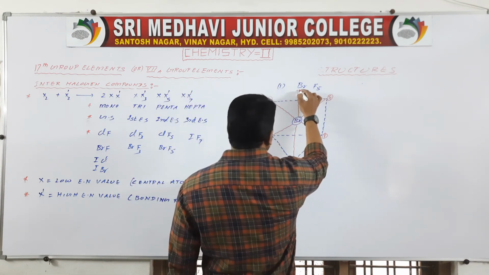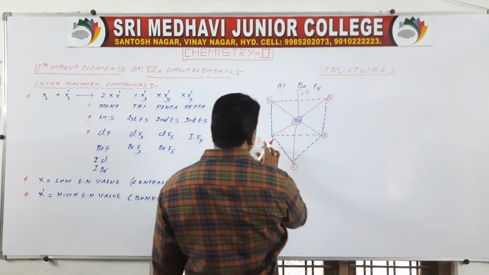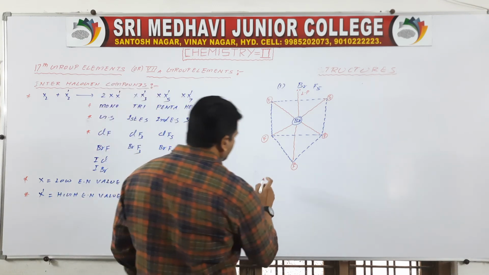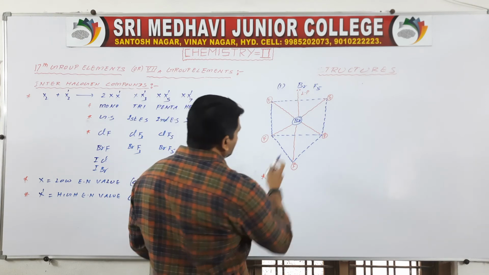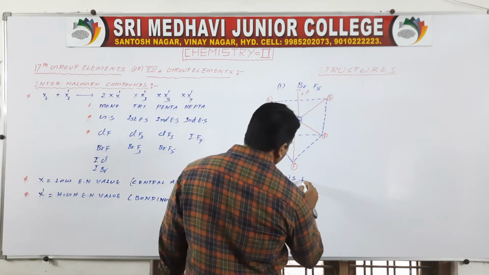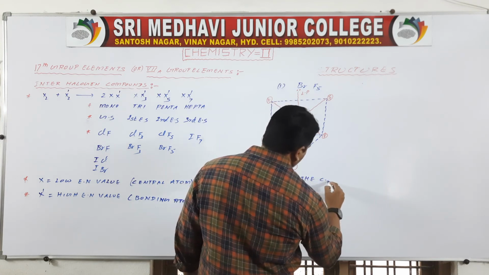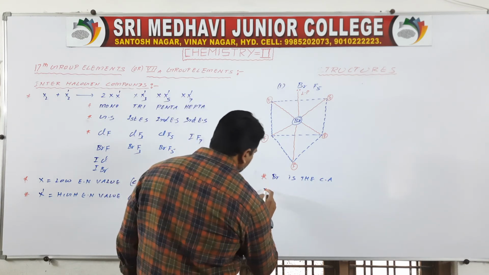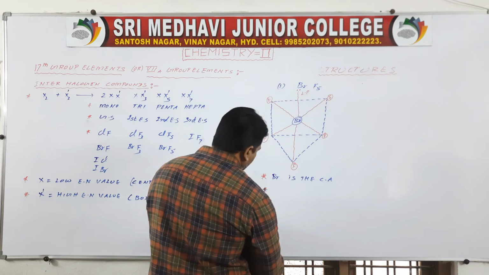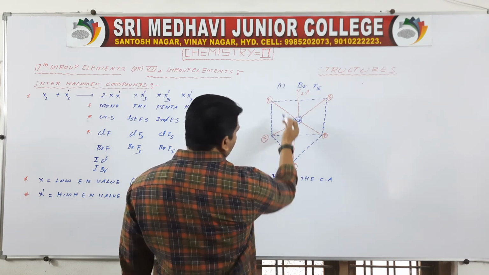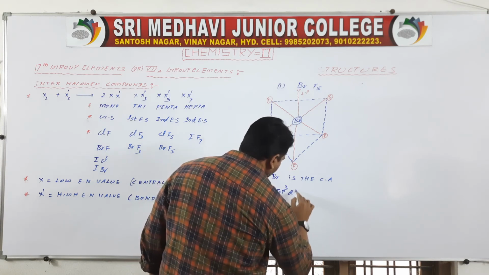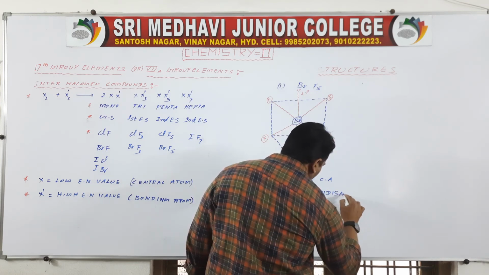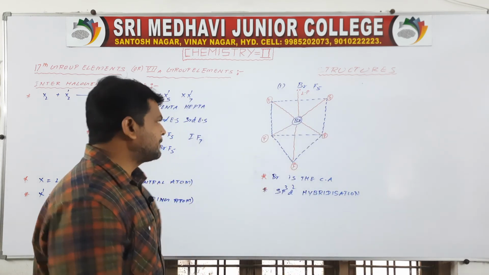It has a lone pair. Bromine is the central atom, which undergoes sp3d2 hybridization.